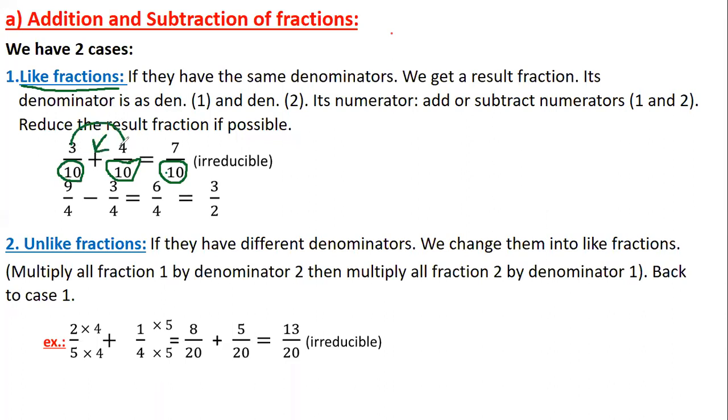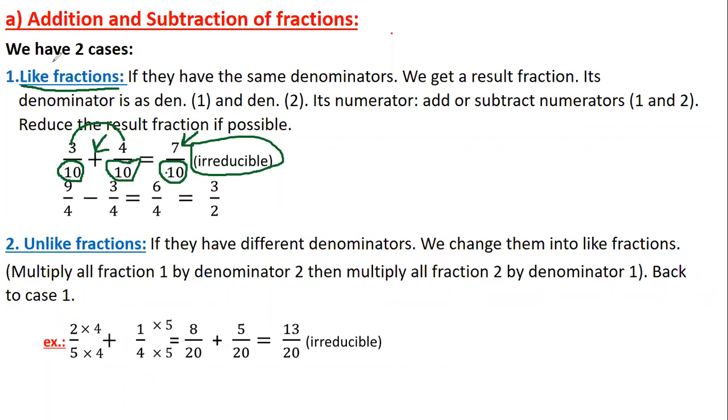So 3 plus 4 is 7. 7 over 10. Since there is no common factor between the numerator and the denominator, it is an irreducible fraction. It cannot be reduced. Because after we add or subtract, we always need to make sure whether our answer is reducible or irreducible.